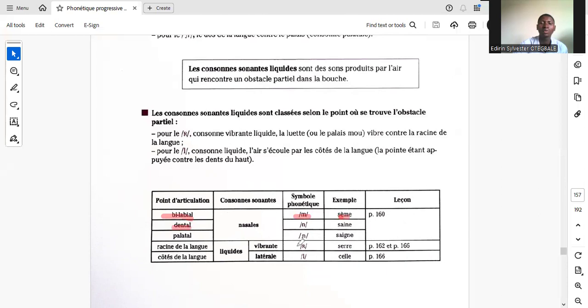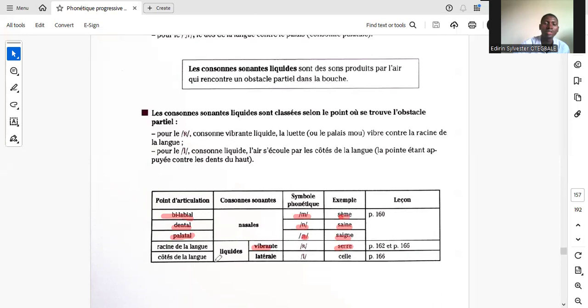We have the dental one, that is N, example: scène. We have palatal, and that is gn, which is saigne. Then you have the racine de la langue, which is the liquide, vibrant, and we call it relais as well. Serre. The soft palate is vibrating against the root of the tongue.